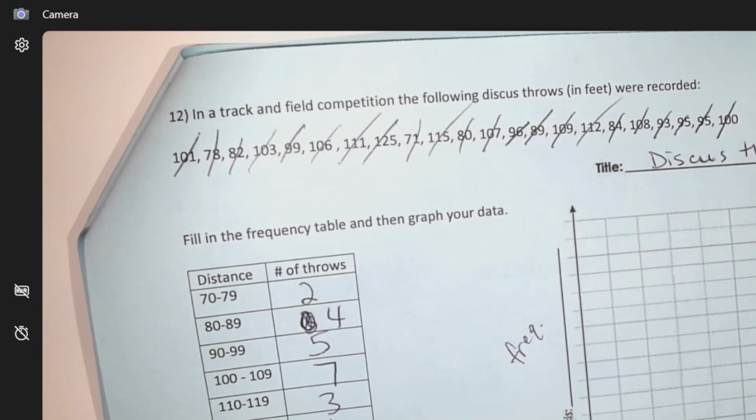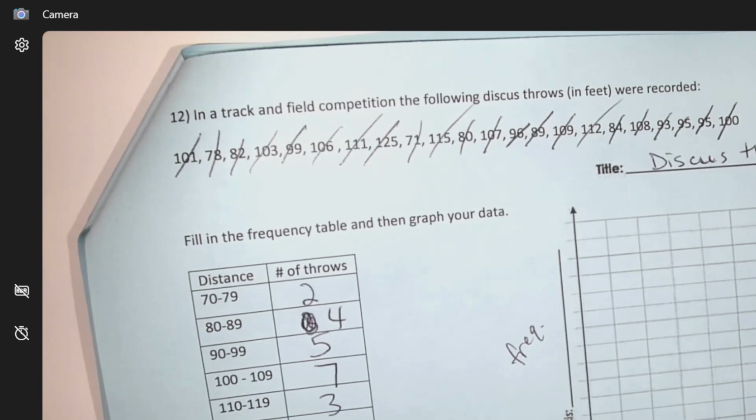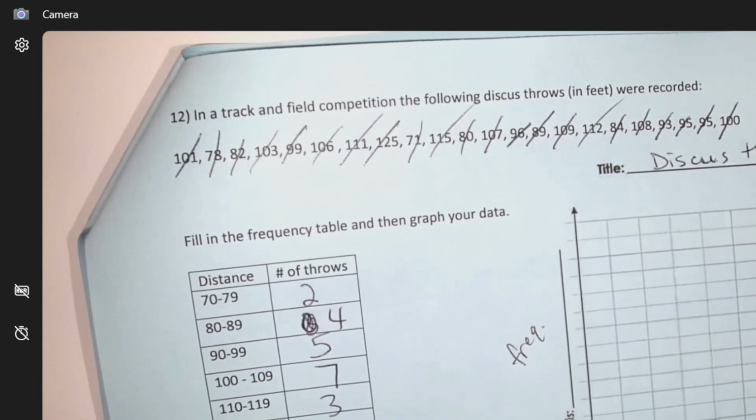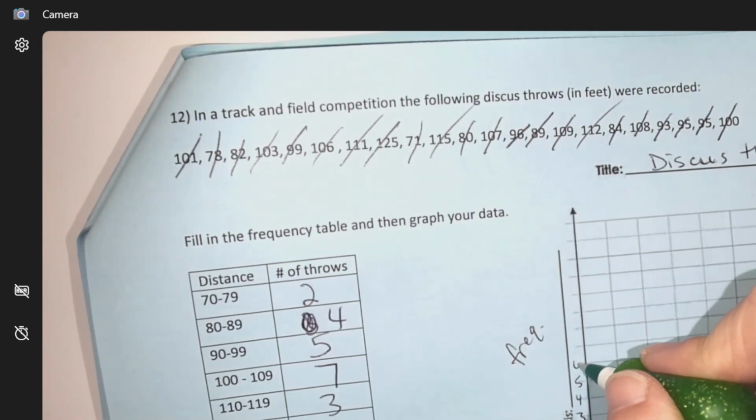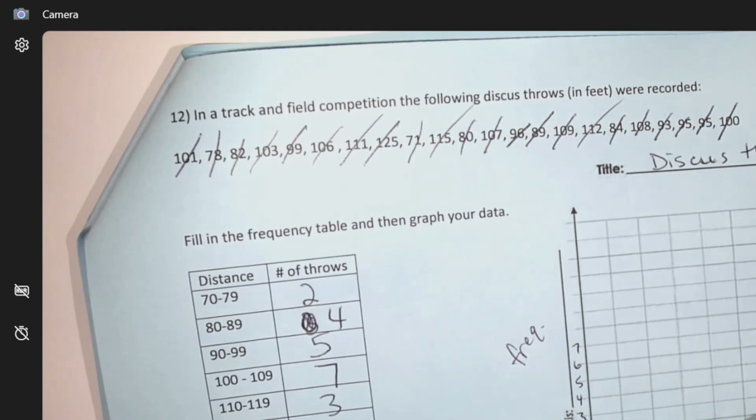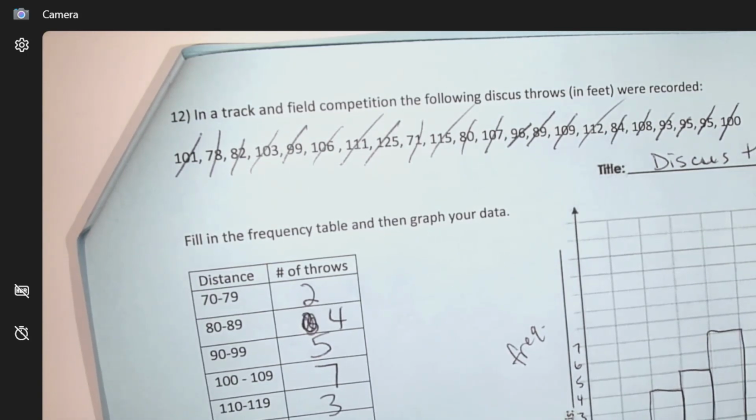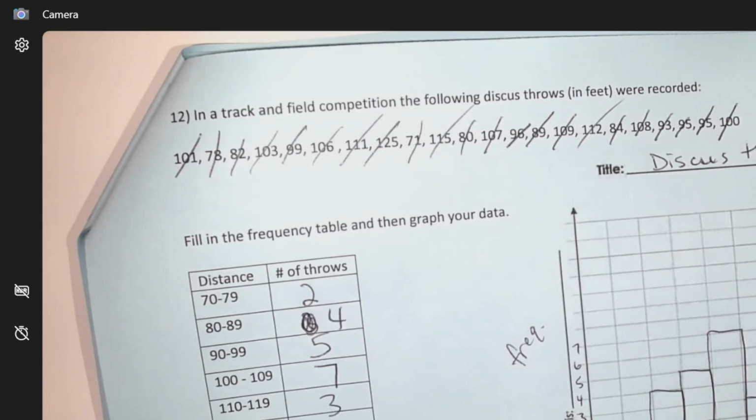If you can start at 0, start at 0, but this doesn't make sense to start at 0 because I have a big gap, so I am going to just leave a little space, and I'm going to go 70 to 80, 90, 100, 110, 120, 130. Make sure you have everything labeled there.